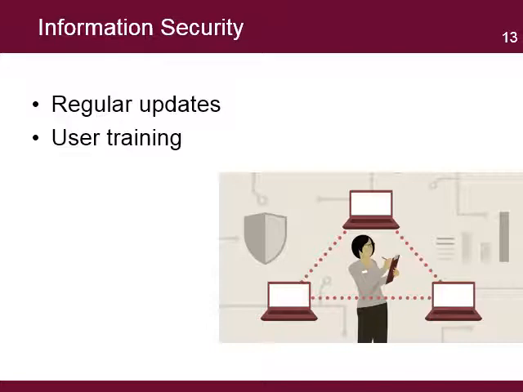Updates: regular updates protect the system from unauthorized access. Not only the PMIS should be updated, but also the operating systems of the computers used by the team to access the system. Training: training for team members with advice on policies, password setups, verification processes, and follow-ups to ensure team members are implementing the best practices for information security.